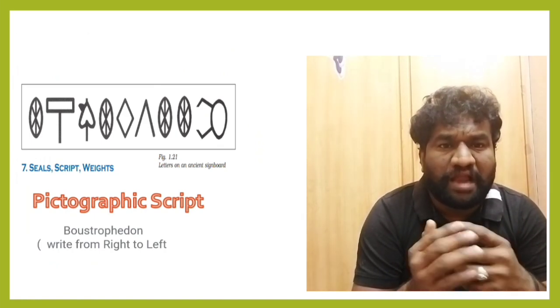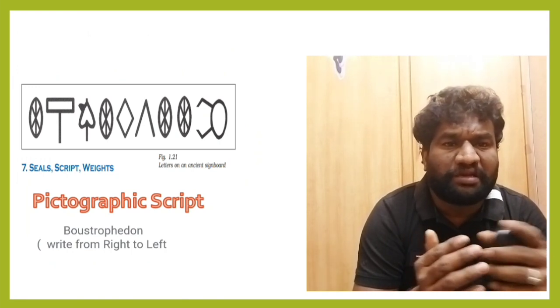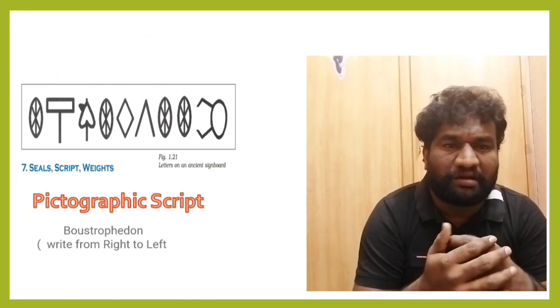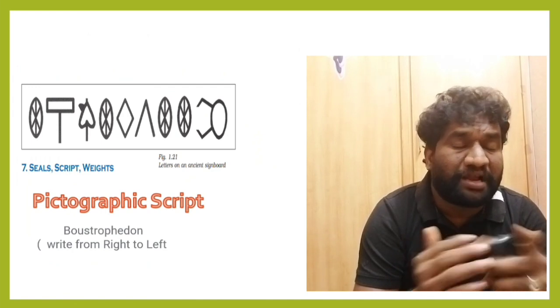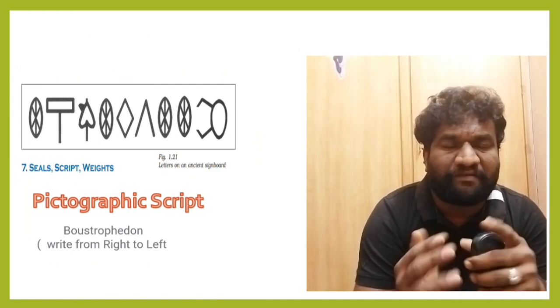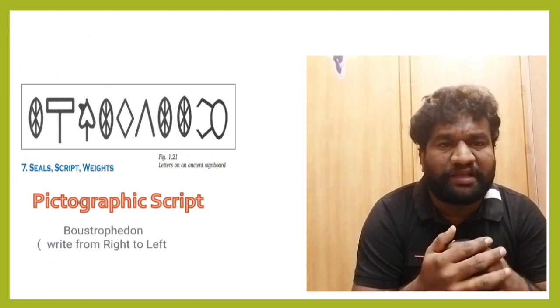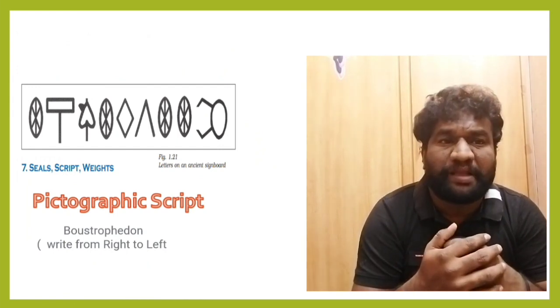They mostly wrote the script from right to left. When they write from right to left, the script is called Boustrophedon. It's a pictographic script actually, because if you observe this image, mostly it has pictures.